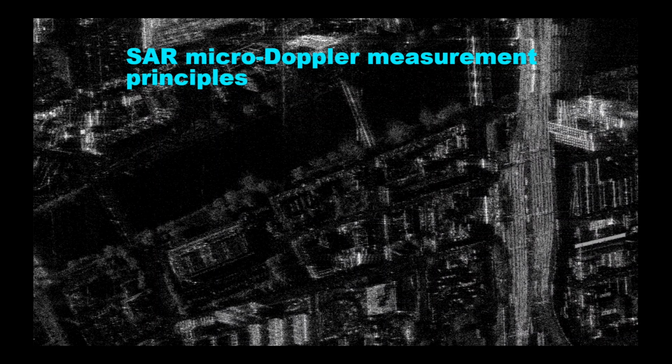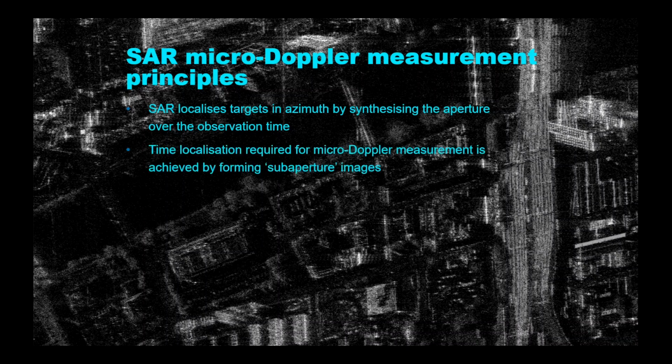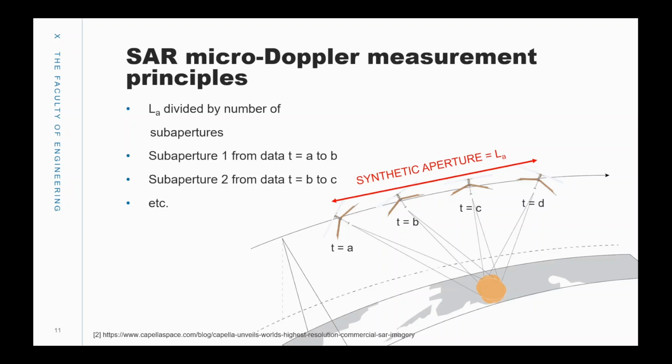So just to cover some SAR microdoppler measurement principles. SAR localizes targets in azimuth, as we were saying, by synthesizing aperture over the observation time. However, for microdoppler measurements, we also need time localization. So to do that, we form what's known as subapertures. To do this, we return back to our SAR geometry diagram.